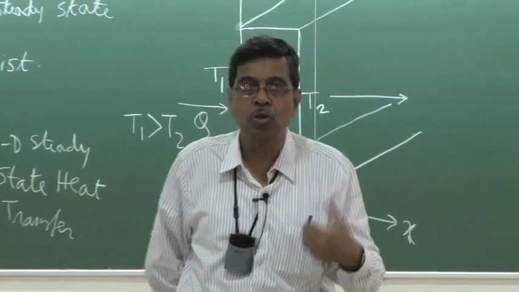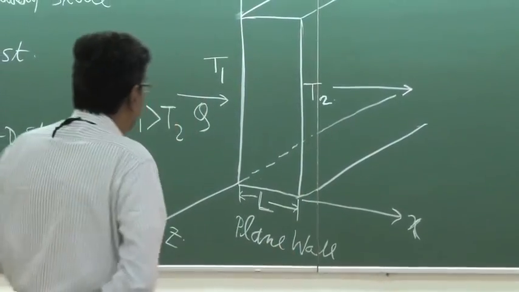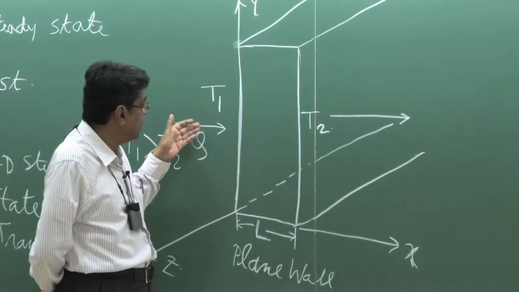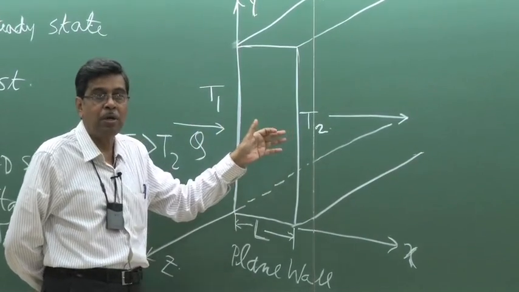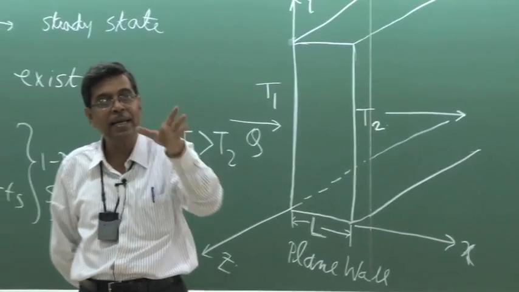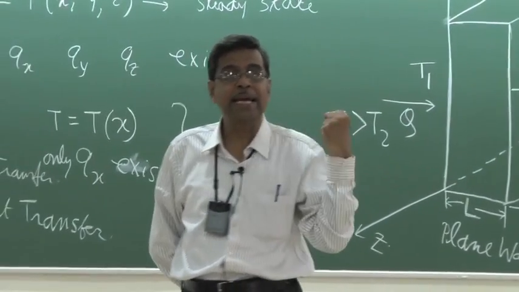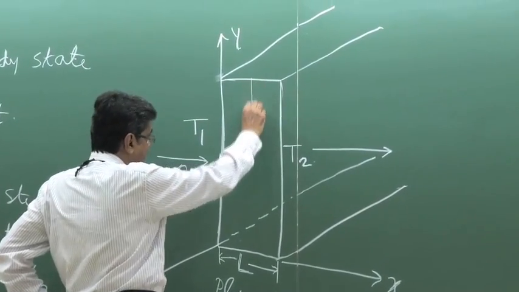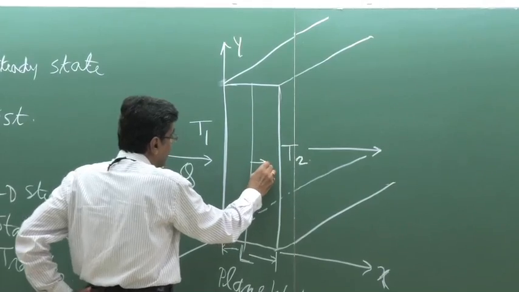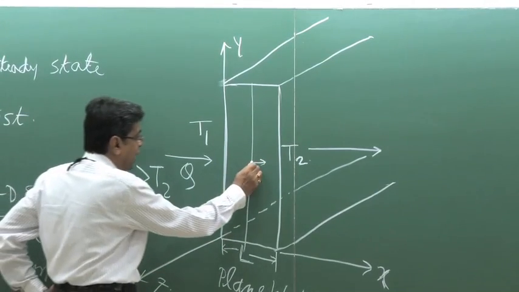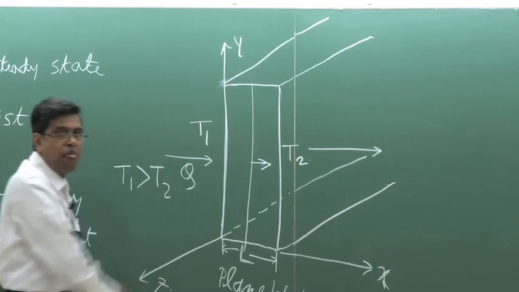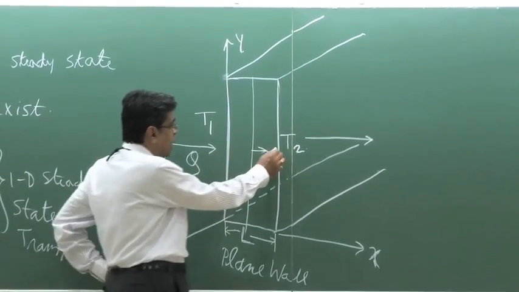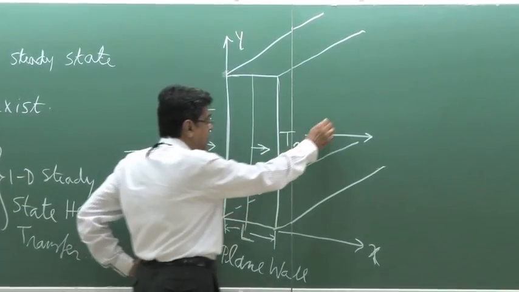At the same time, there should not be a heat absorption by any action within the wall. And the wall should allow the heat to flow without interruptions. That means without adding anything to it or taking anything from it, which means that the heat flow at any section will be constant. And as a whole, I can tell the amount of heat which is coming into this wall from the left side is going out from the wall at the right side, the same heat.